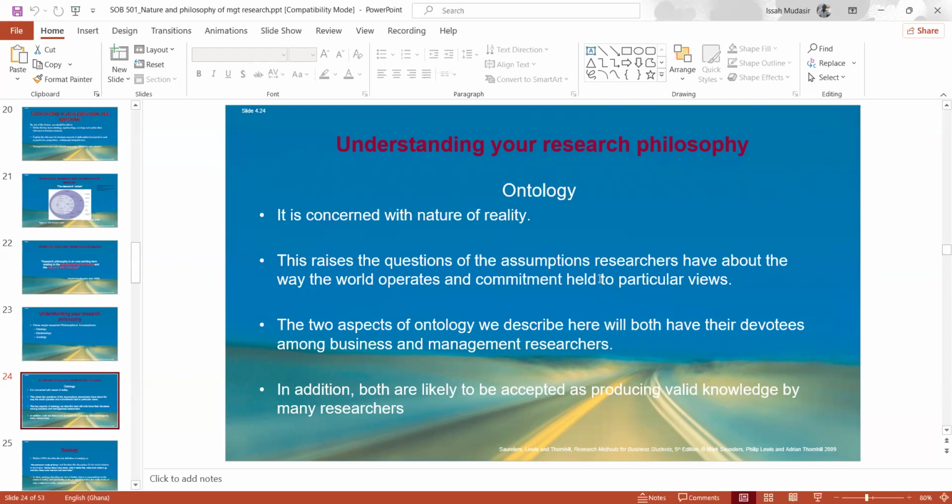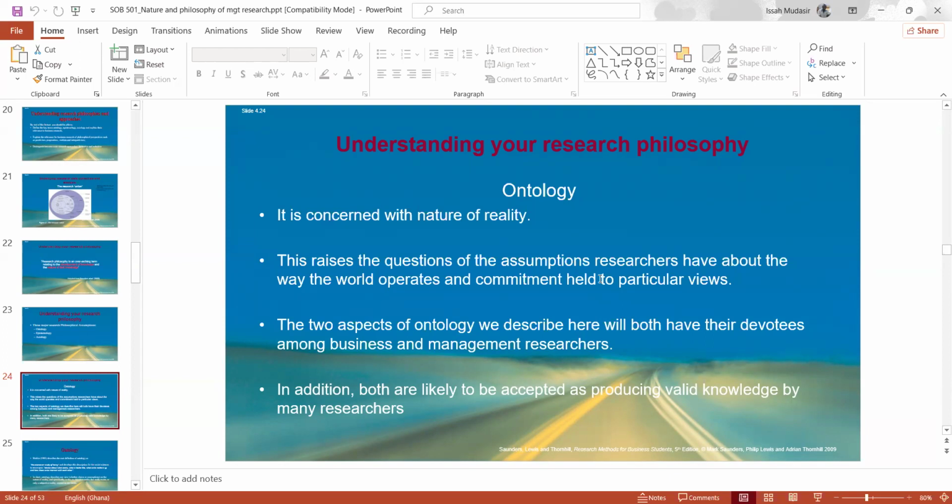So their nature of reality is then that the issue of sex is non-binary. Okay, so it's not a matter of if you are born a man, you are a man forever, or if you are born a woman, you are a woman forever. But you can make a decision and cross. So that is at the core of ontology.